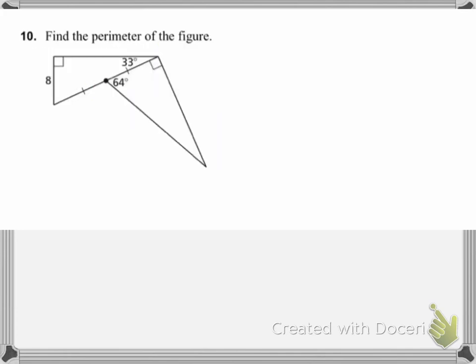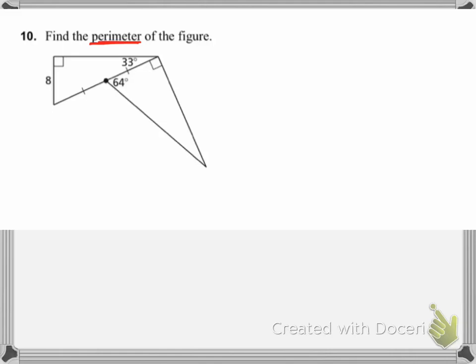The next problem is kind of complicated, with too many things going on, and you have to split it into different parts and then you can do it. It says find the perimeter of the given figure.